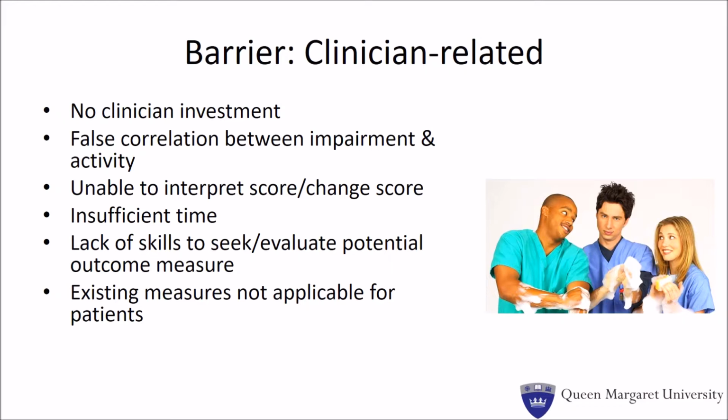But there are many different reasons why clinicians could be a barrier to implementation of outcome measures. And if you'd like more details, what you can do is look at the textbook of Riddle and Stratford, and they will have outlined and explained in more detail some of the common barriers for clinician-related ones.